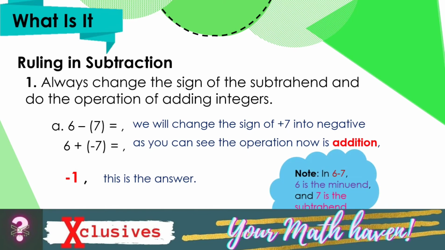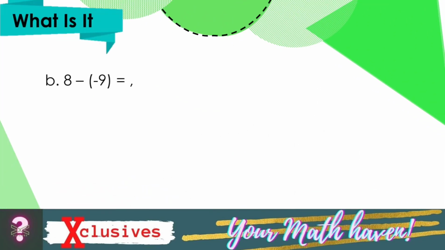Note, in 6 minus 7, 6 is the minuend and 7 is the subtrahend. Another example, positive 8 minus negative 9. In this example, which of them is the subtrahend? Yes, you're right. It's negative 9.